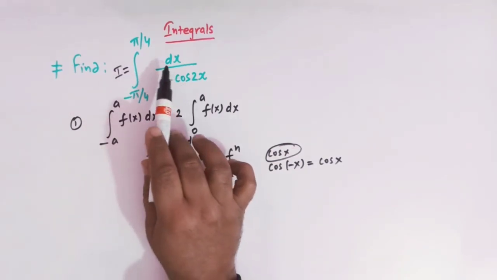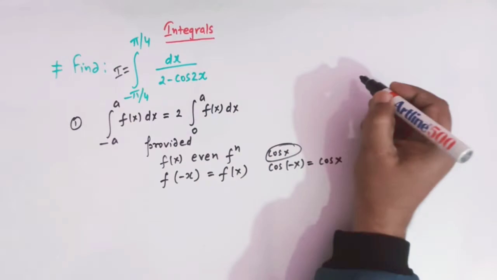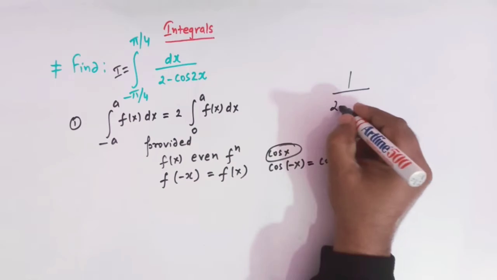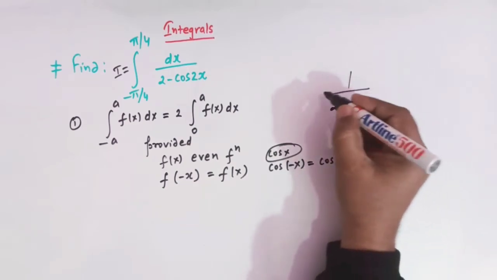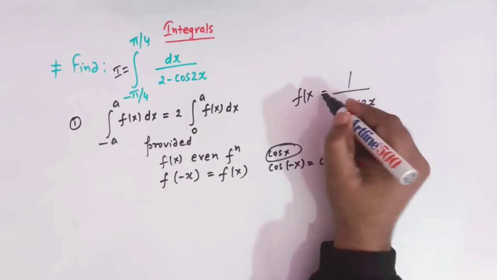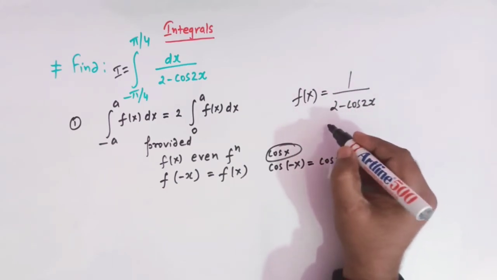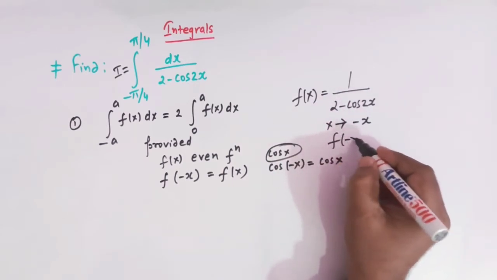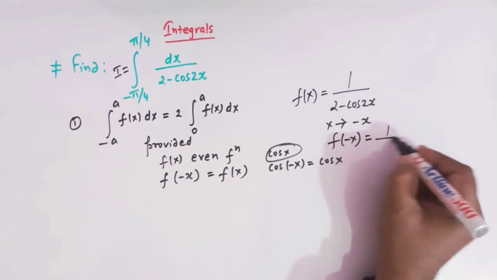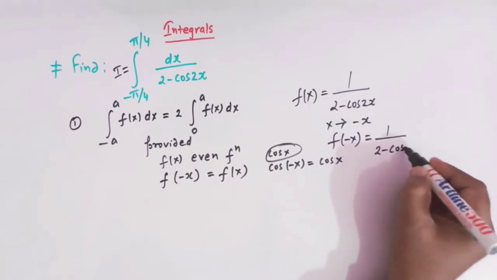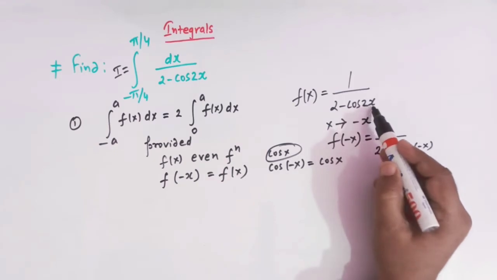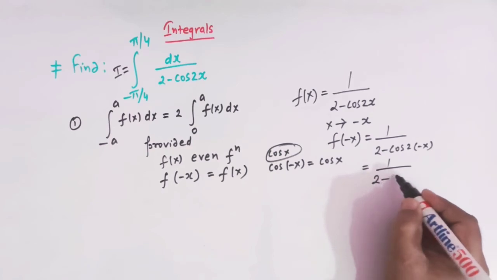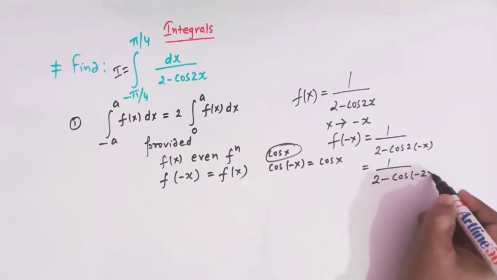Here in the integrand we have 1 over 2 minus cos of 2x. Now if we replace x by minus x in this expression, f of minus x is equal to 1 over 2 minus cos of 2 times minus x, so we have 1 over 2 minus cos of minus 2x.